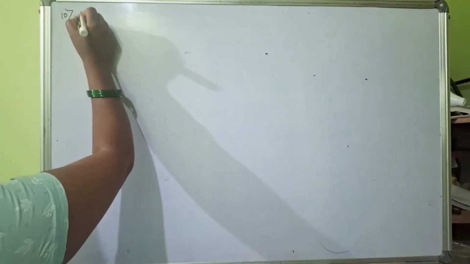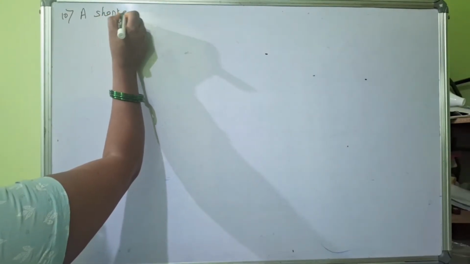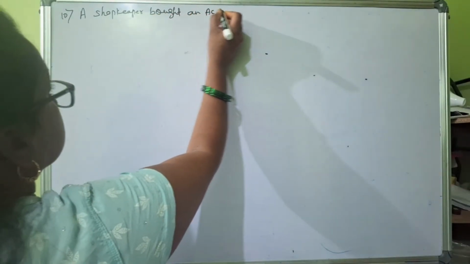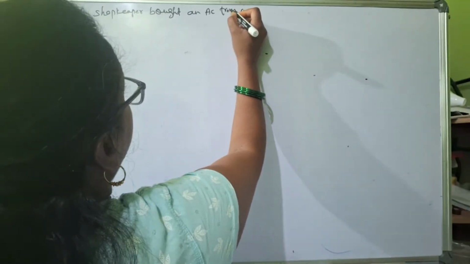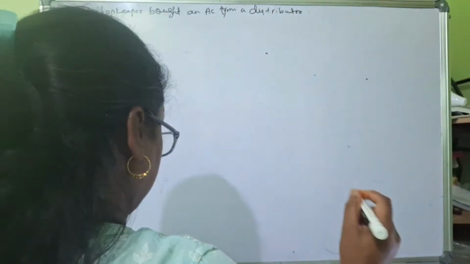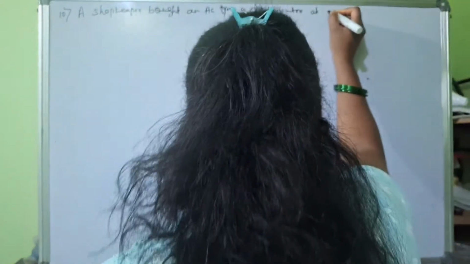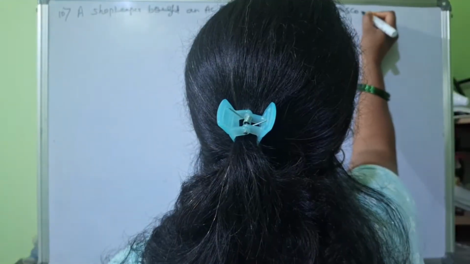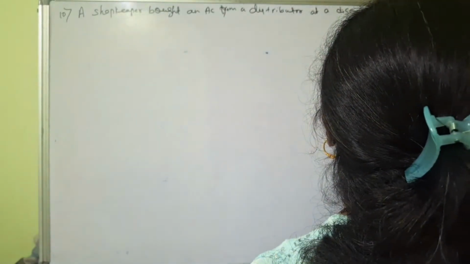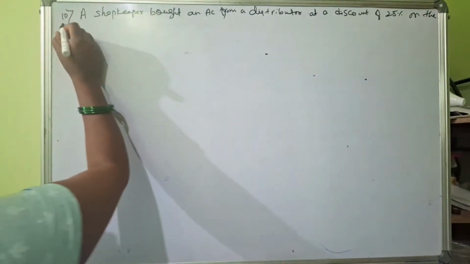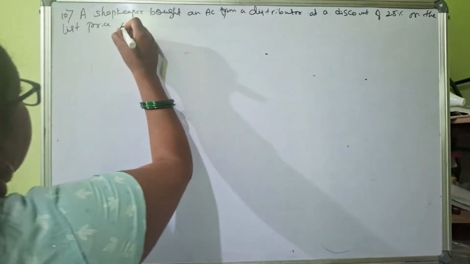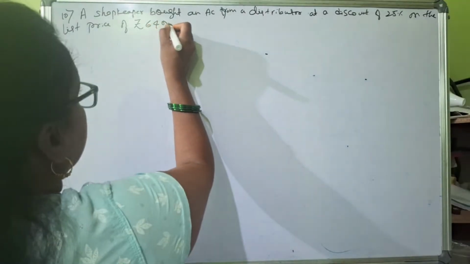a shopkeeper bought an AC from a distributor at a discount of 25% on the list price of rupees 64,000.